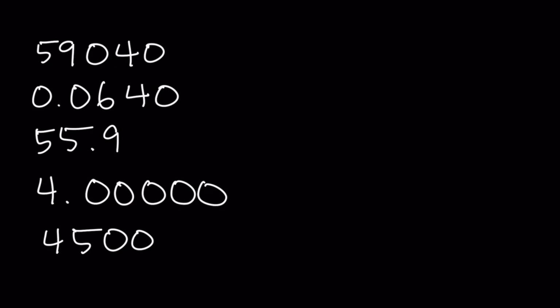Let's do some examples. Here I have a couple numbers for you to figure out the number of significant figures for. Feel free to pause the video and try them out before I reveal the answers in 3, 2, 1. For the first one, 59,040 would have 4 significant figures because we count all the non-zero digits and any zeros between them and ignore this trailing 0.